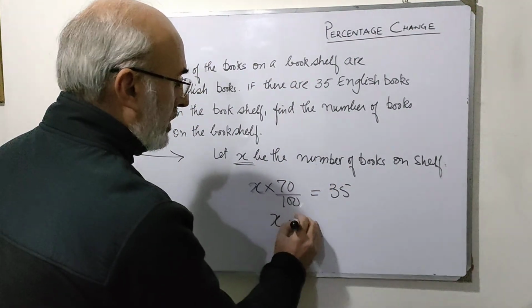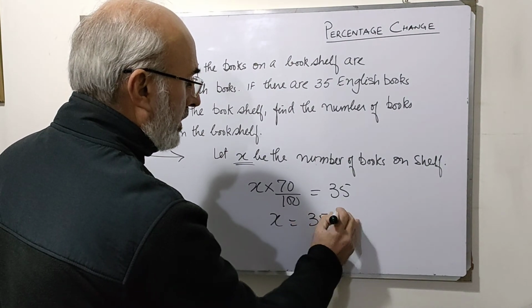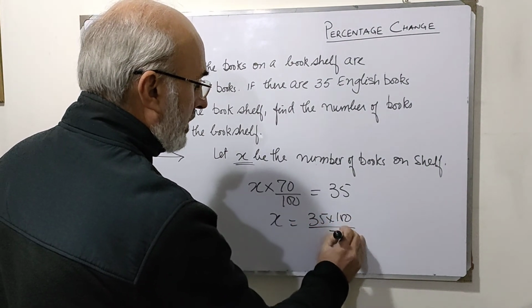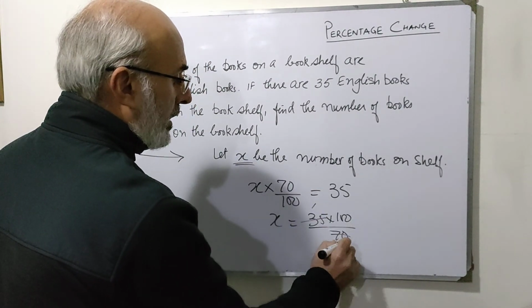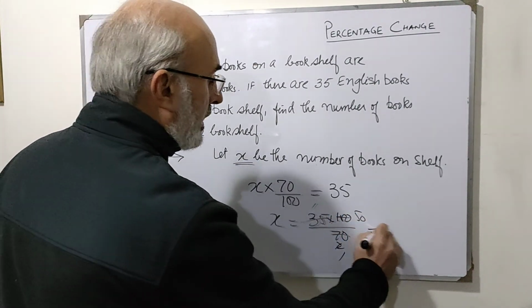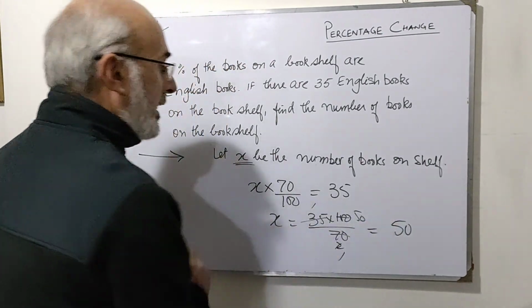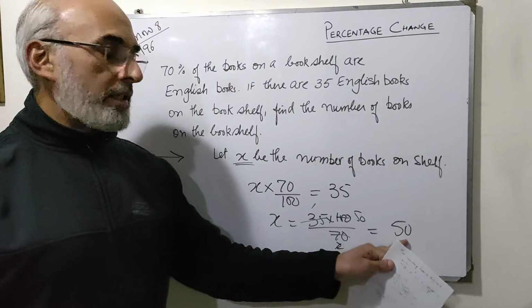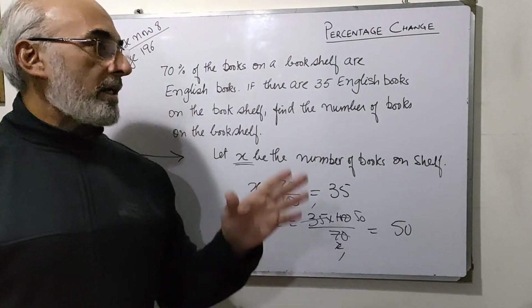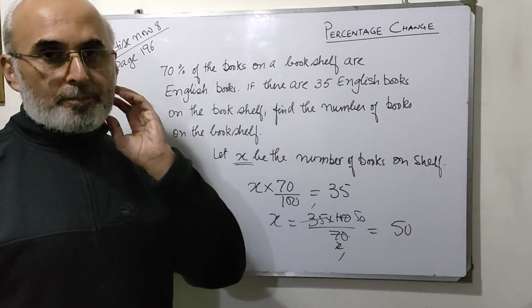So x is equal to 35 into 100 over 70. Sevens are five, so it is 50. So there are 50 books on the bookshelf, and 70% of this original number is 35. Okay?